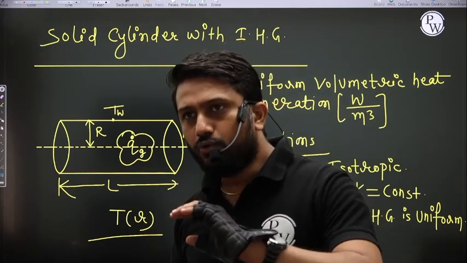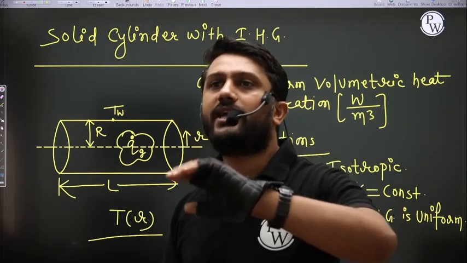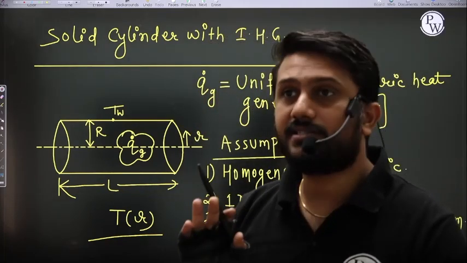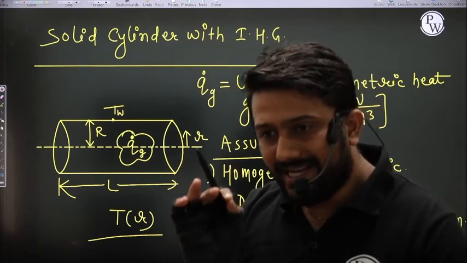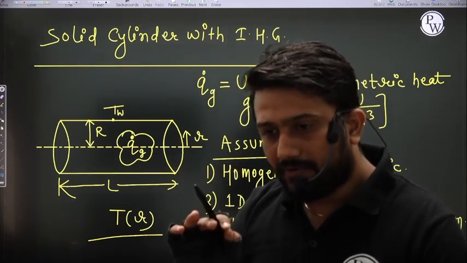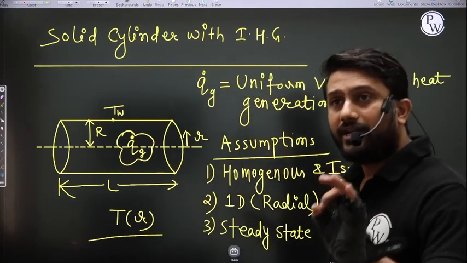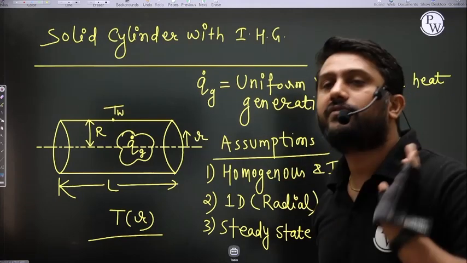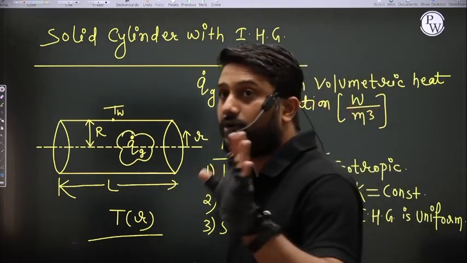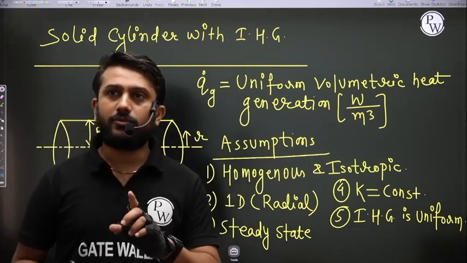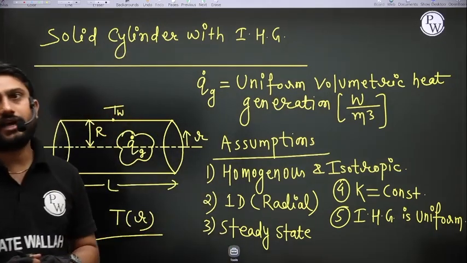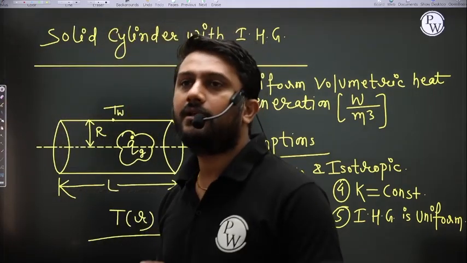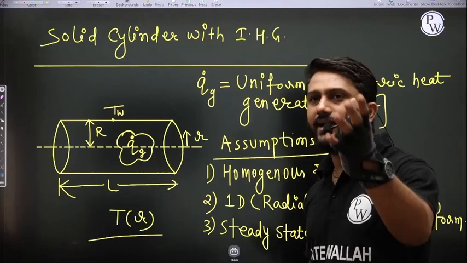So there is no need to worry about the rate of conduction heat transfer. So the first objective is to find the temperature variation with R, and the second objective is to find the location of maximum temperature and the maximum temperature.